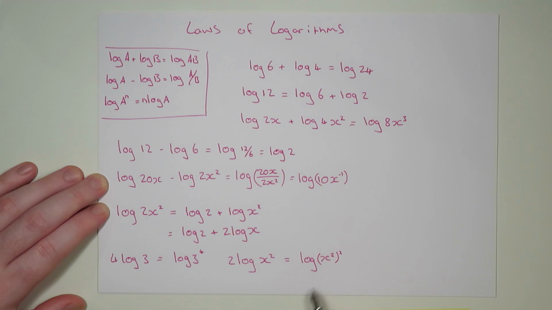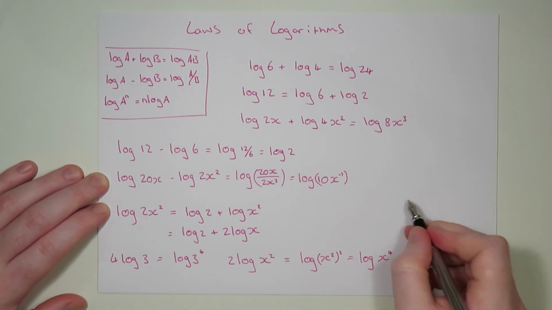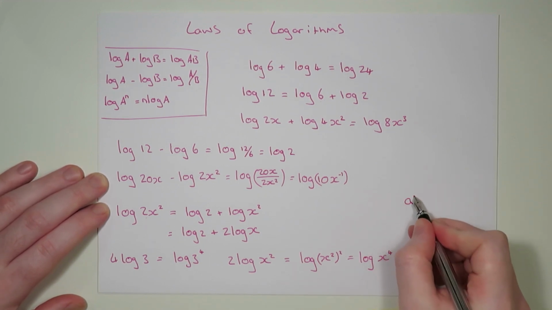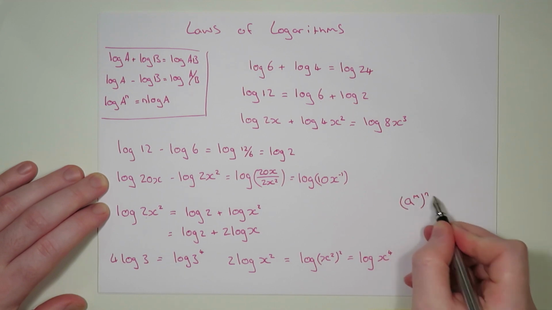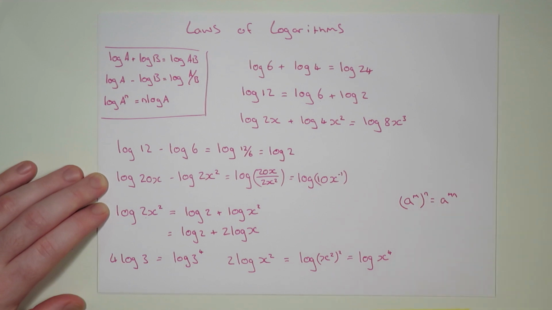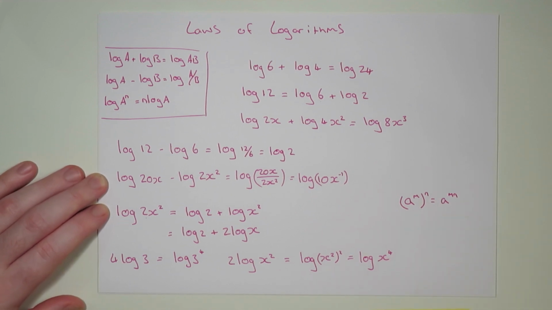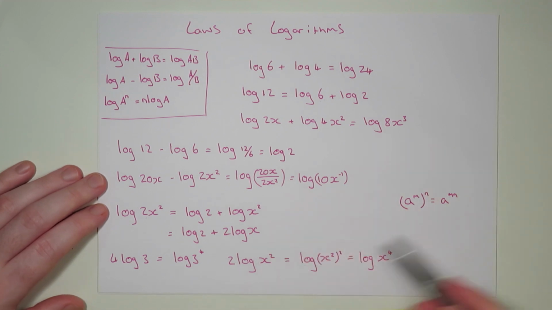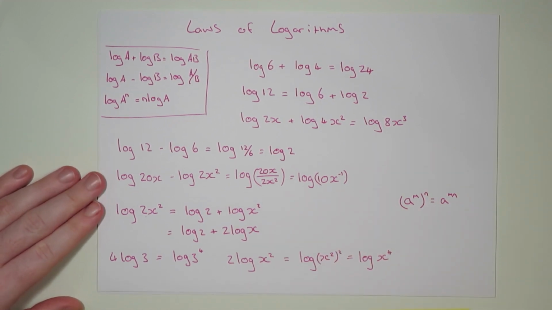Now when you have this here, you should know that with your powers of indices you would have log x to the power 4 there, because a to the power m to the power n is the same as a to the power mn. I think I'll look at a video demonstrating laws of indices as well. Yeah, so that's laws of logarithms there.